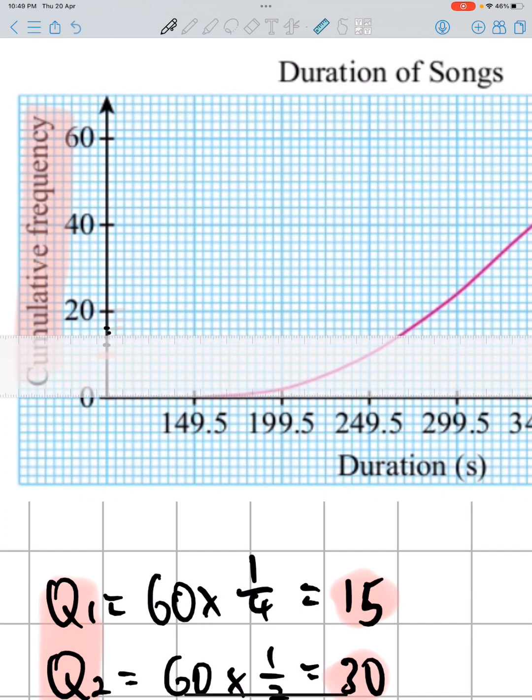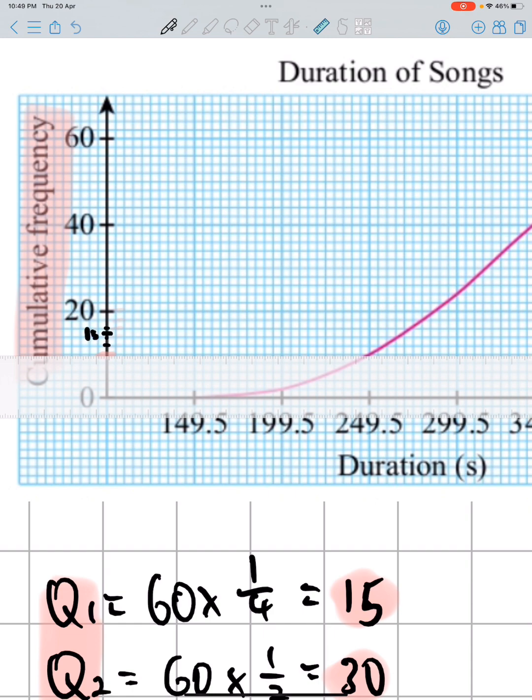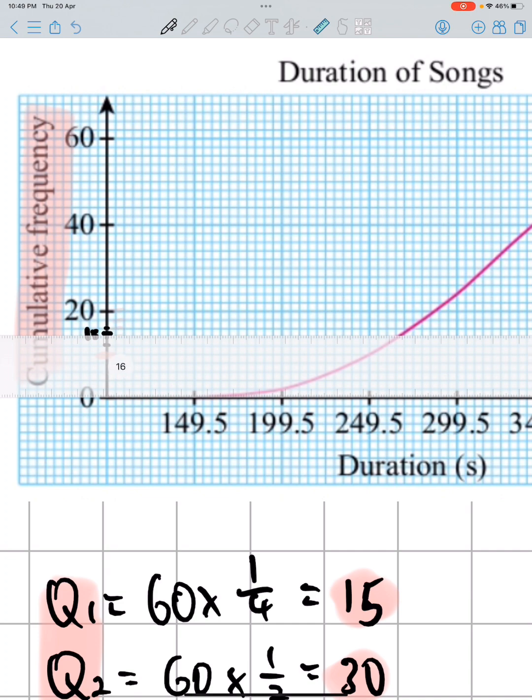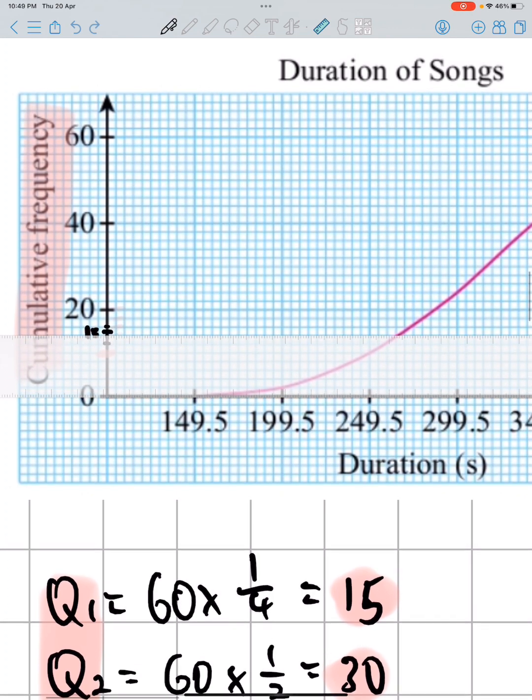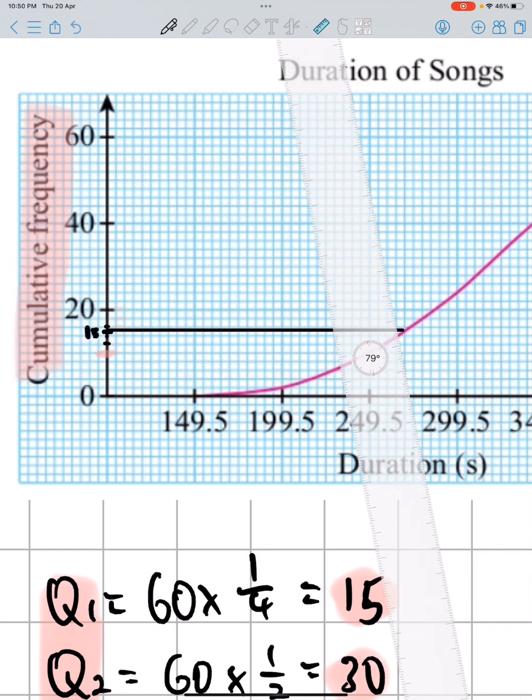So here we have 15. We'll just do it like this.